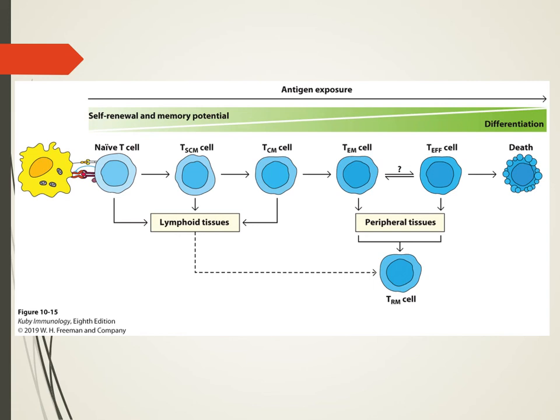Once we look into the peripheral tissue at the effector memory and the resident memory, they are more differentiated, so they don't have the ability to do self-renewal as much. Eventually memory wears out, and if they don't get utilized, we could have death occurring.